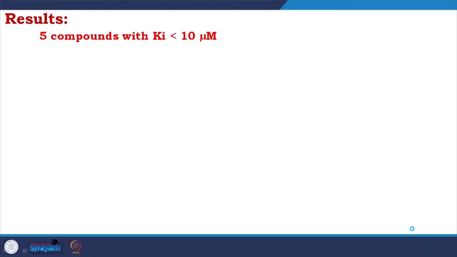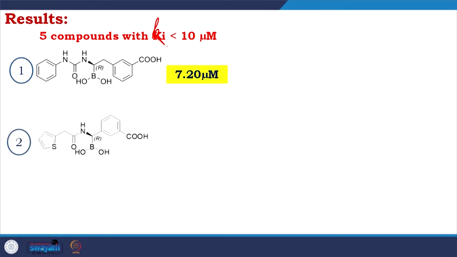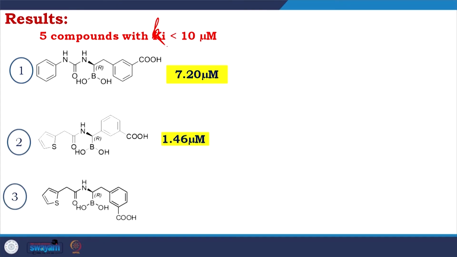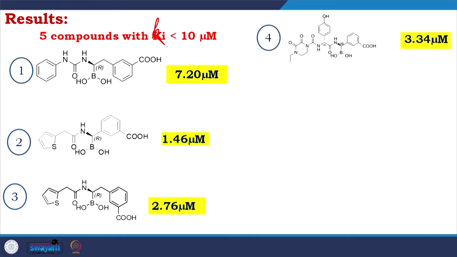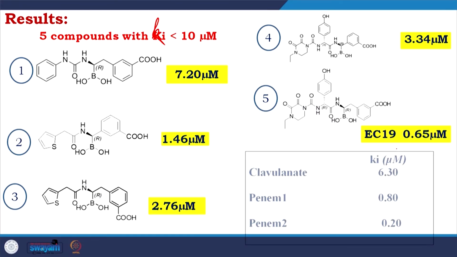5 compounds we get which are having the Ki less than 10 micromolar. This is the first one, which is having 7.2 micromolar. This is the second one, which is having 1.46. The third one we get 2.76. Fourth one 3.34 and the fifth one which is 0.65. This compound is EC19.